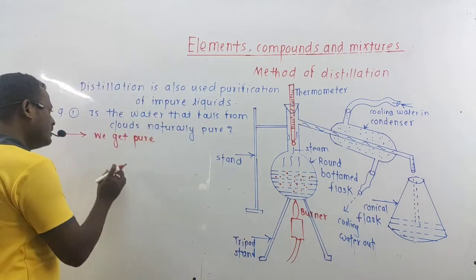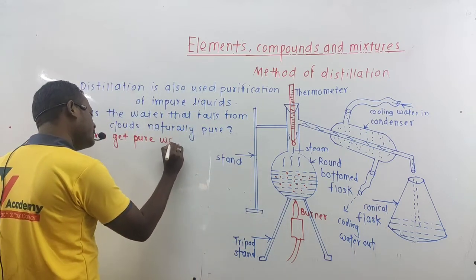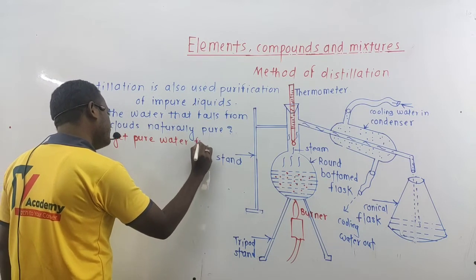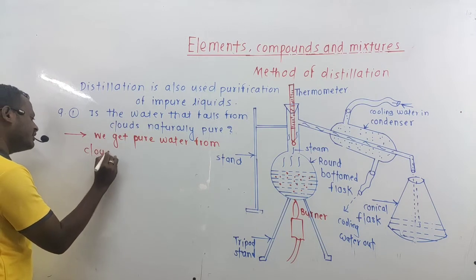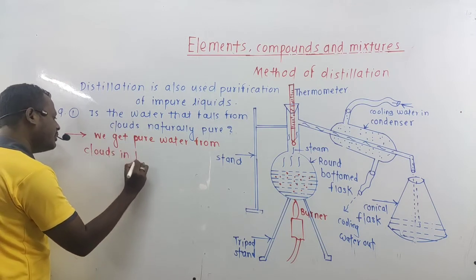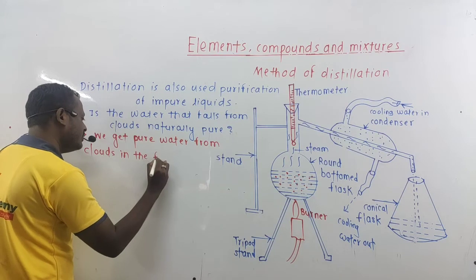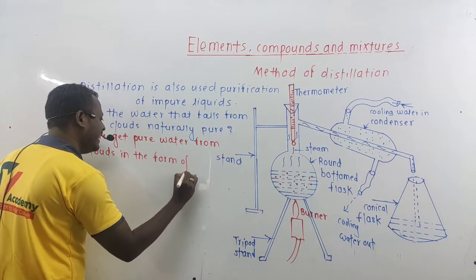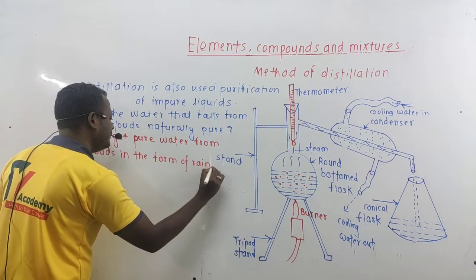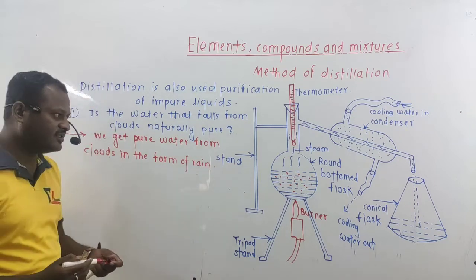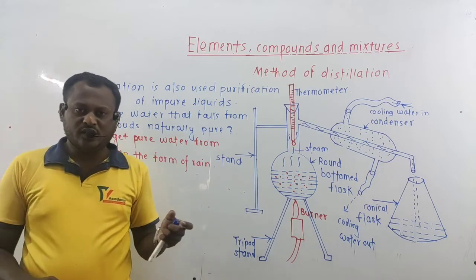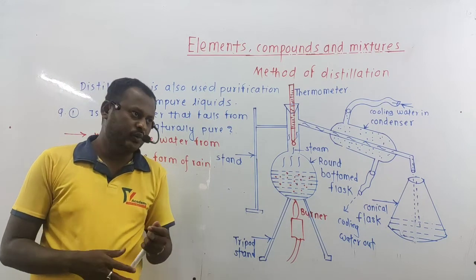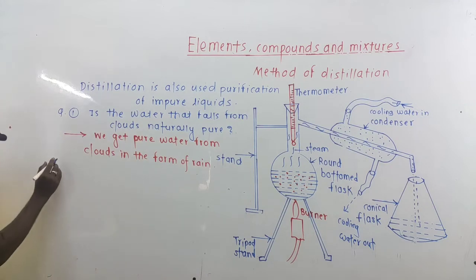So we get pure water from clouds in the form of rain. कशाच्या फॉर्म मध्ये, पावसाच्या फॉर्म मध्ये. ठीक आहे, so this is the answer. Second, we know the water cycle, how the water cycle is working. Now let us see the second question.